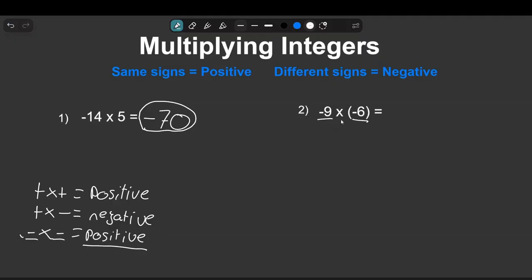So we have negative 9 times negative 6, which will equal 54 as our final answer. If we have two of the same signs, you can just cross these out and just do 9 times 6, for example. But you don't really have to do that, because I think you guys can understand it like this to get your final answer correct.